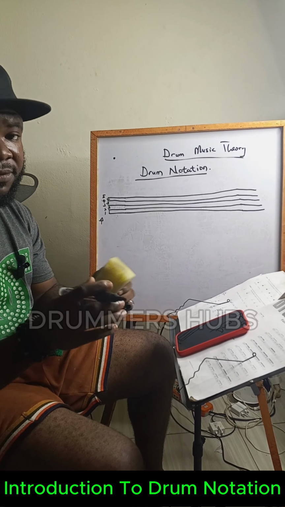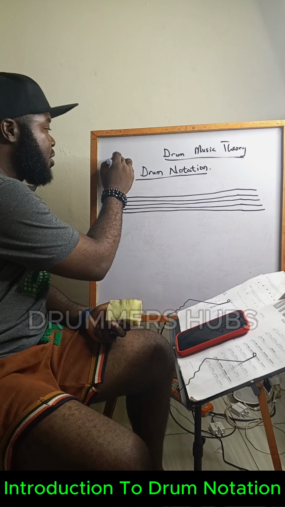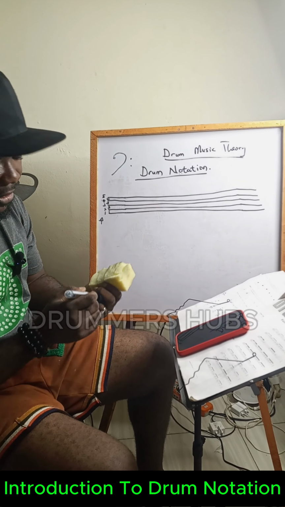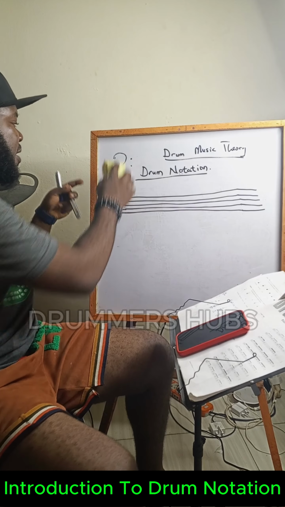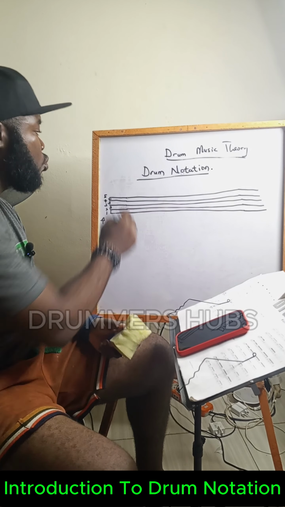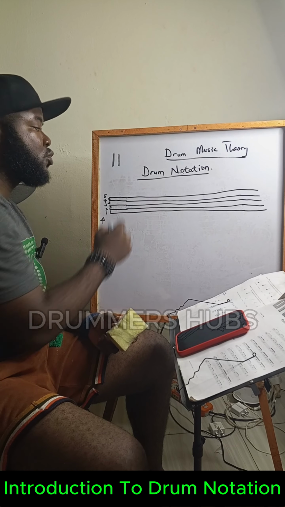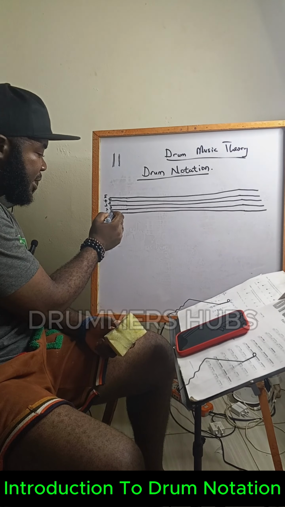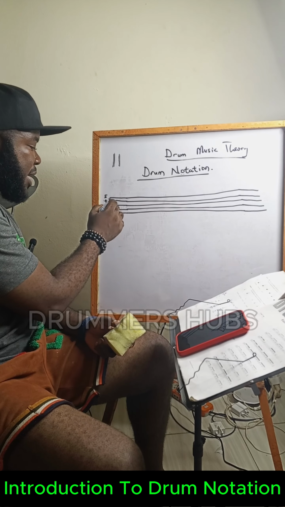There are different types of clefs in music that you can use to write different music pieces, but some drum pieces carry the bass clef sign, while generally drum has its own clef symbol, which looks like two single pillars. These pillars are written between line 2 and line 4.